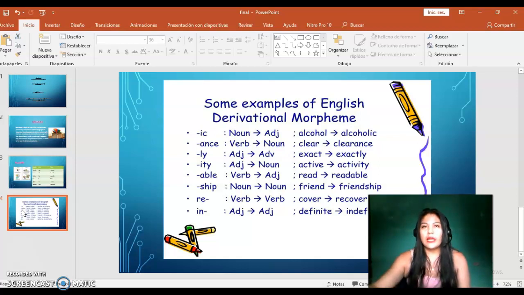The adjective clear, with the affix -ly, gives the adverb clearly. The adjective exact, with the affix -ly, gives exactly.